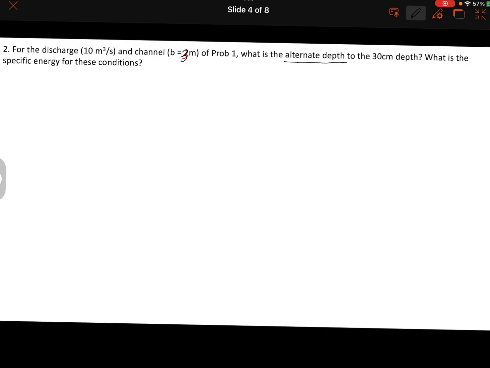So here we are given Q equals 10 cubic meters per second, B equals 3 meters, Y equals 0.3 meters. I'm going to make this Y1, and we want to find Y2.